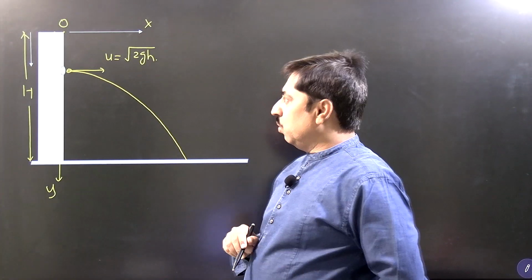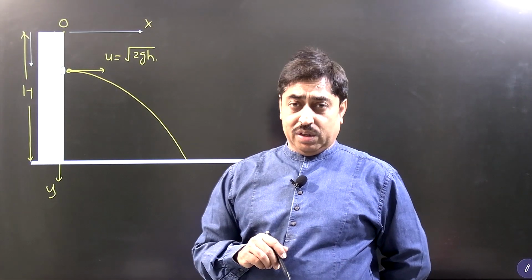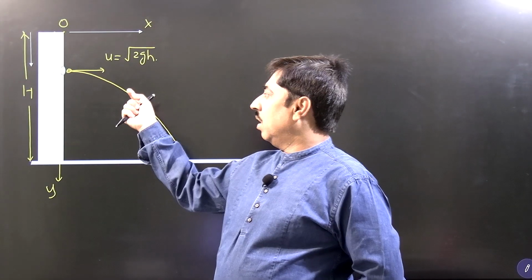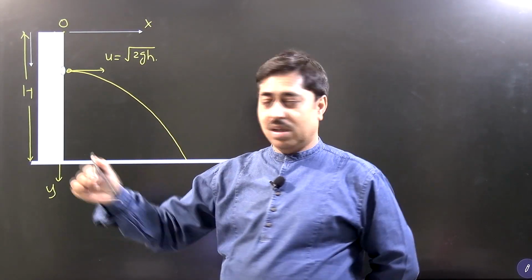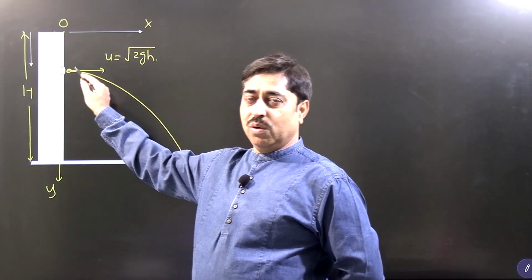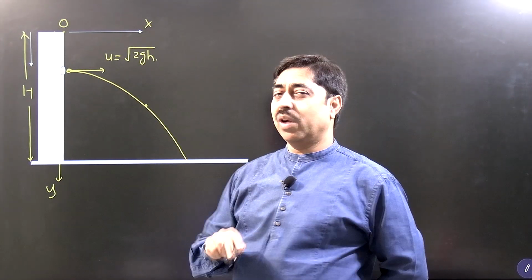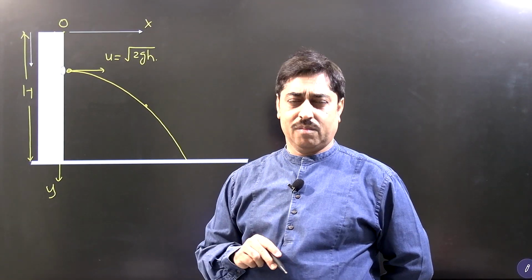It is quite easy to do it, and I hope all of you will be able to do it. To just give you some guidance, let us assume that at time t, after getting ejected out from this hole, a particle is here and its coordinate is x comma y.